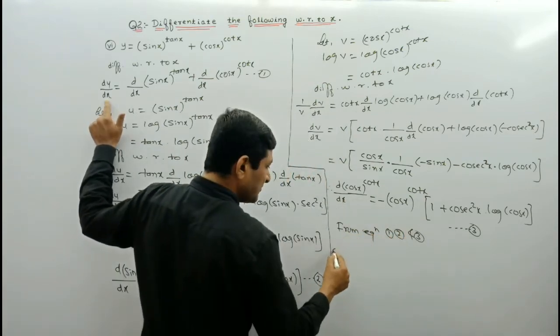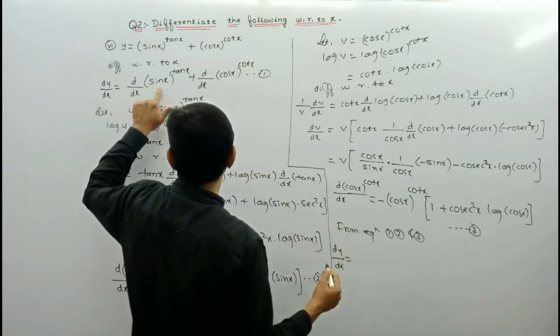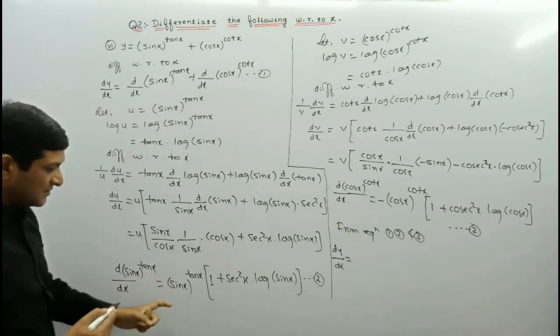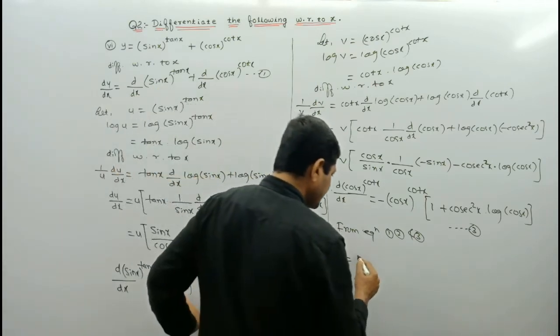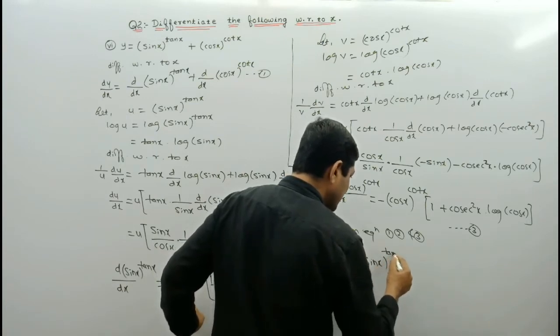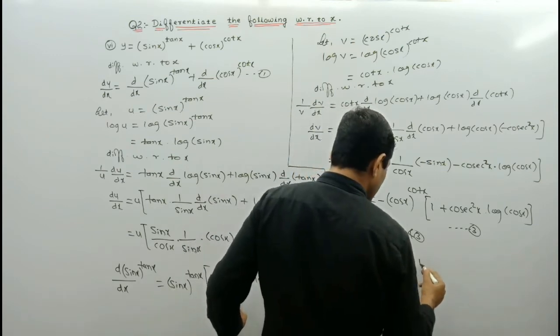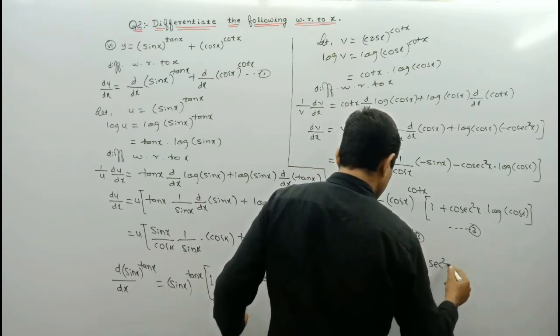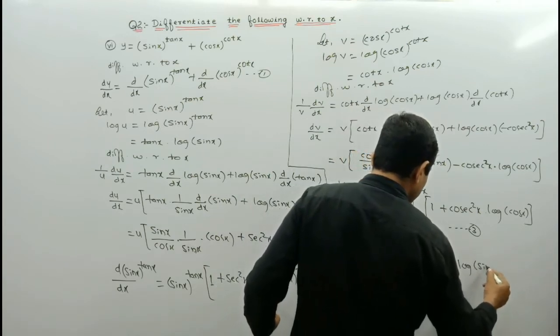What is equation number first? dy upon dx will be equal to the derivative of sin x raised to power tan x, whose value according to equation number second is, substitute this value, that is nothing but sin x raised to power tan x into 1 plus sec square x into log of sin x.